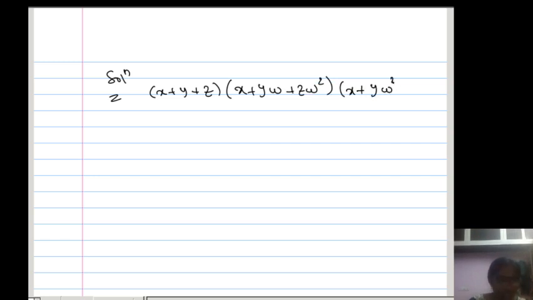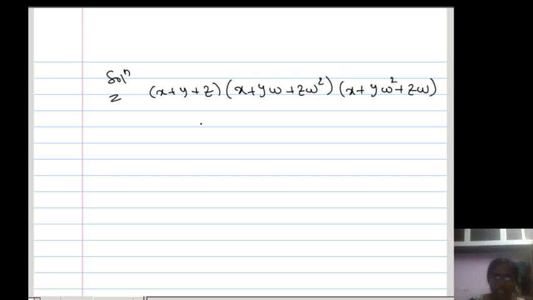So what is our LHS? Take LHS: (x plus y plus z) into (x plus y omega plus z omega squared)(x plus y omega squared plus z omega).